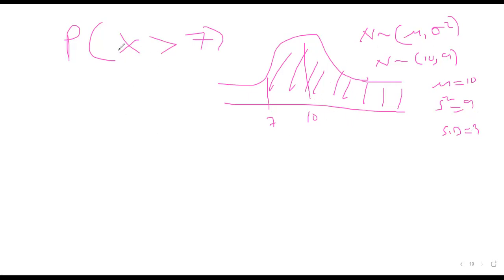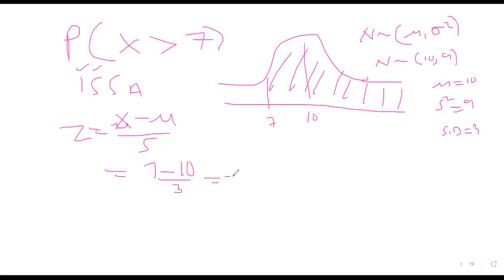So find X is greater than 7. So we standardize. Using ISA, illustrate, we've done. Shade, we've done. I want to standardize 7. So Z is equal to X minus mean over standard deviation. 7 minus 10, negative 3 over 3, negative 1.